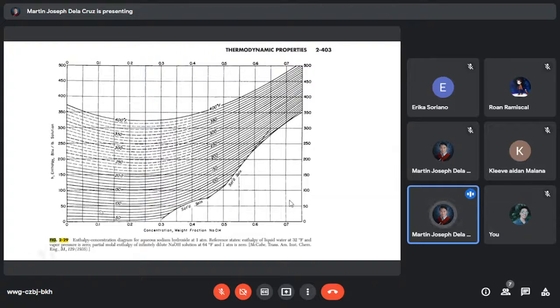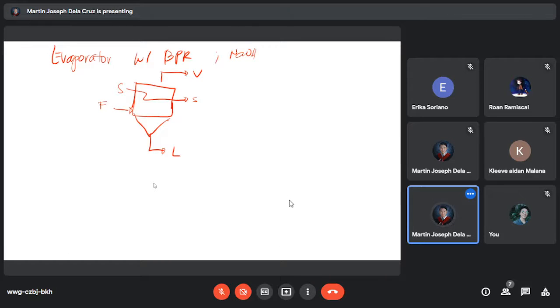So, enthalpy concentration diagram for aqueous sodium hydroxide, no? Enthalpy concentration. So, si NaOH lang ang may meron. So, parang siya lang yung mostly na in-example. Okay? So, kaya pag may problem na NaOH tapos evaporator, you have to note na may boiling point rise na siya. Automatic din. Okay?